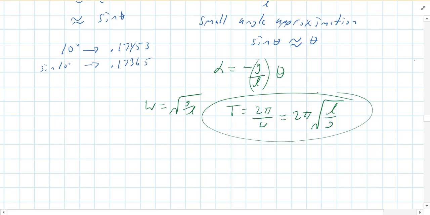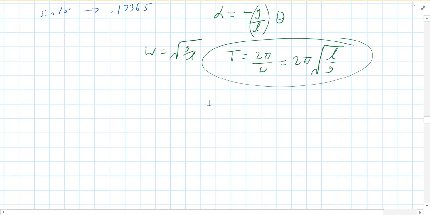So that is where that equation came from, okay? Now, if we're in class, we will actually demonstrate this and try some times in here, but it works really, really well, okay? Now, for example, if you have a length of 1 meter, that will give a period of 2.01 seconds approximately, okay?